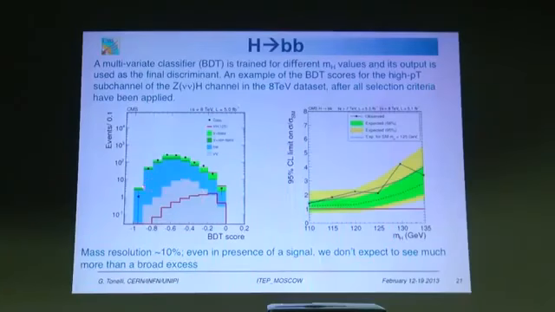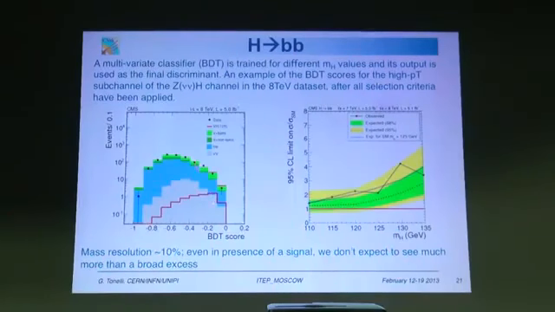At the end of the day, you end up with plots like this, in which this is a multivariate analysis, a boosted decision tree variable that is used to enhance the sensitivity. But you see, even really doing your best effort, the signal will be this small red excess on top.